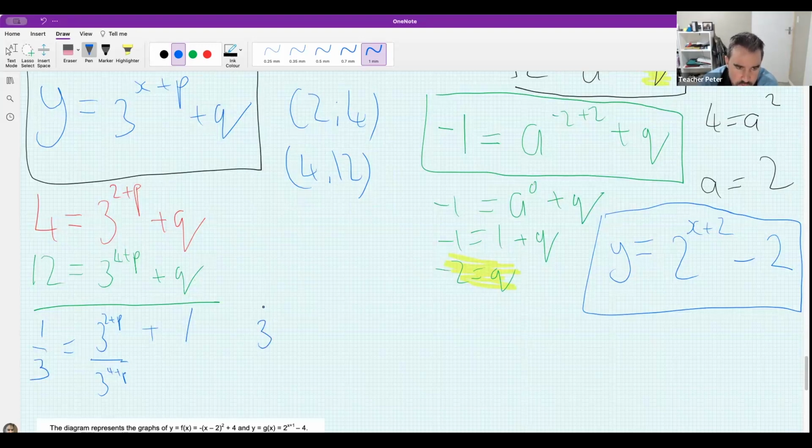Okay, so let's see what we can do here. If I use the laws of exponents, then I would get that. So I'm going to have my third over here, and I'm just going to block it off for this moment. Then I've got a plus 1 sitting over here. Now we've got 2 plus p minus 4 minus p.